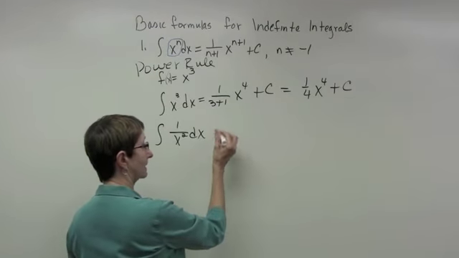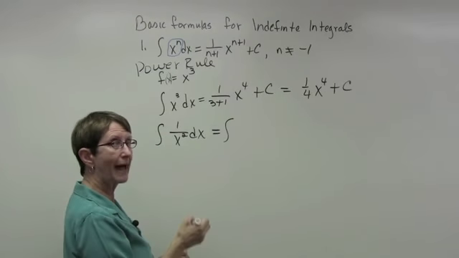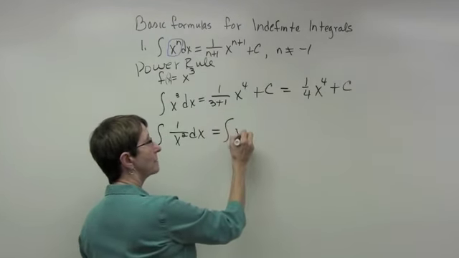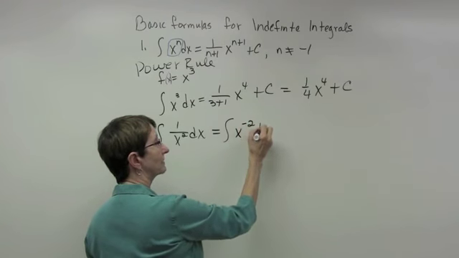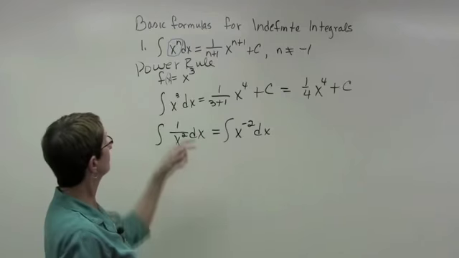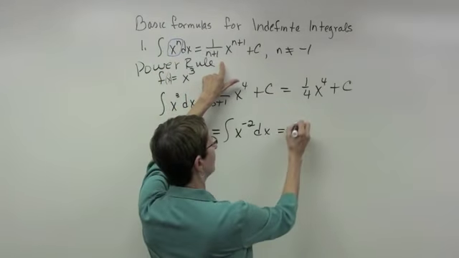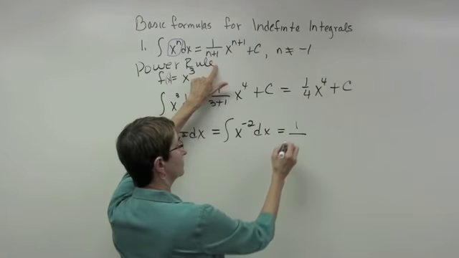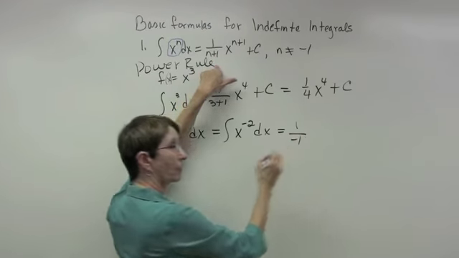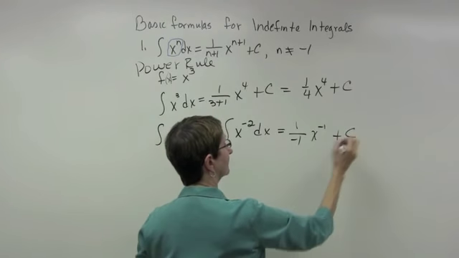So let's rewrite this using all those rules for exponents that you remember from your past. If it's in the denominator, I can bring this up with a negative exponent. So I now have x to the negative 2 dx. Fits this rule exactly. So this equals 1 over negative 2 plus 1, which would be negative 1, times x to the negative 1 plus c.